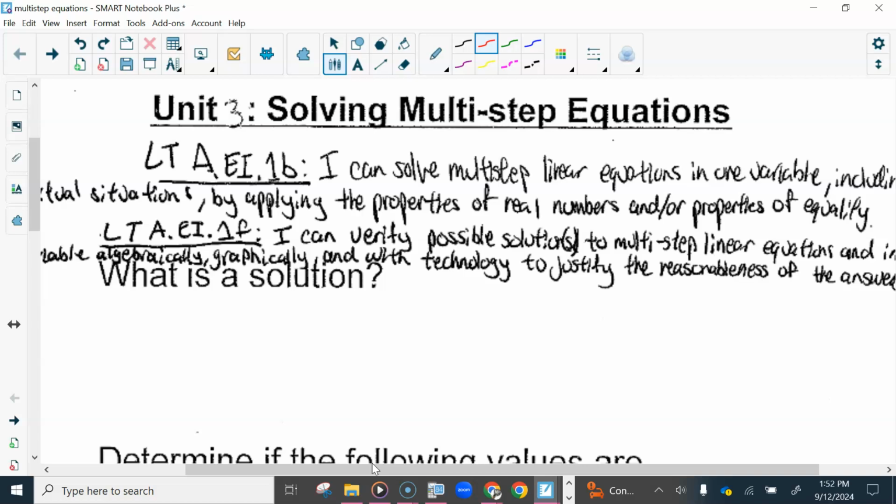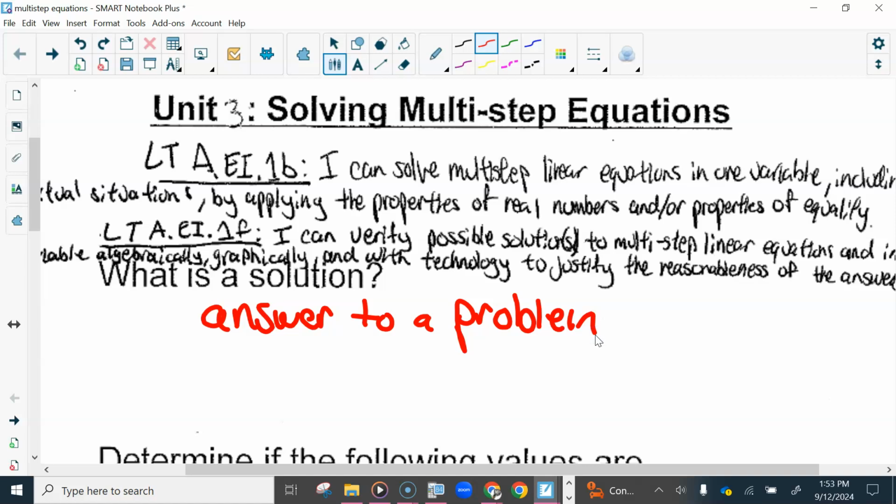If I asked you, what is a solution, what would you tell me? Answer the problem. Sure. So the solution is going to be some answer to a problem.